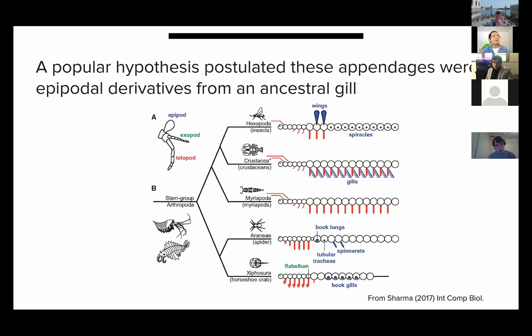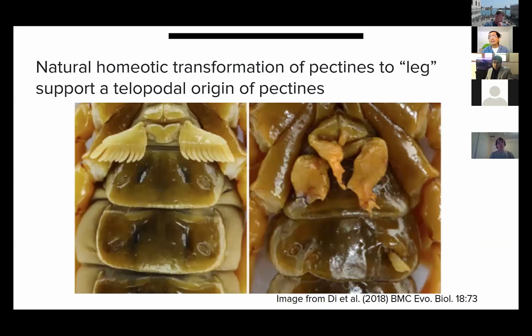However, there is some evidence from the developmental research that suggests that these organs are instead of telopodal origin. We have seen in naturally occurring homeotic transformed mutants that the pectines can on occasion be transformed into leg derivatives with claws. So that points more to a telopod type of origin instead of an epipod. But beyond that, we still know very little of how to homologize these structures.